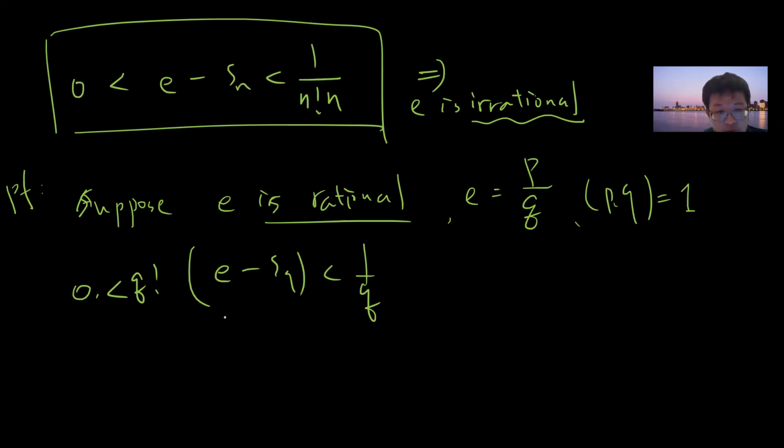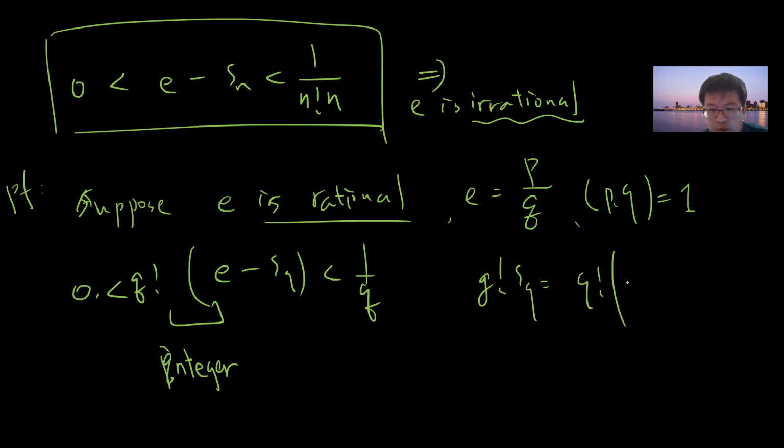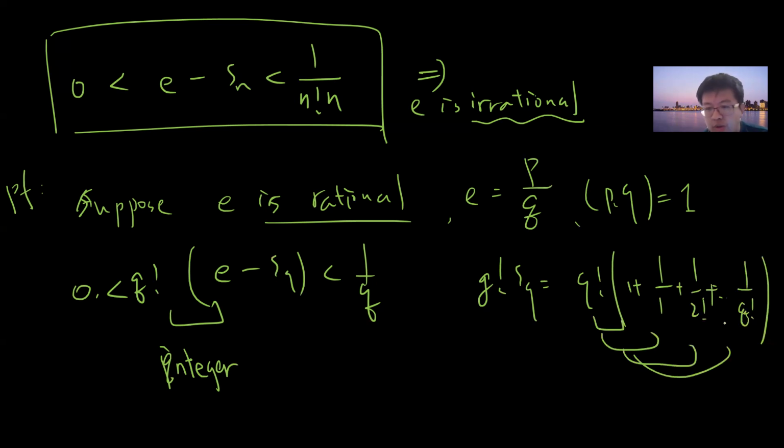Okay, but by definition, this guy is an integer, right? Also by definition, q factorial times Sq is q factorial times (1 plus 1 plus ...), and each term can cancel, the denominator can cancel by the q factorial factor, so this is also an integer.